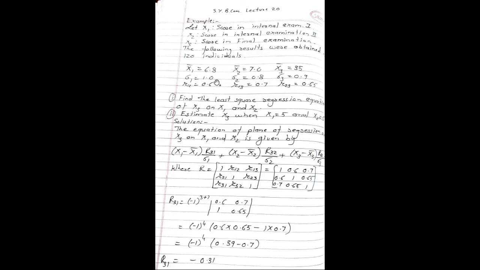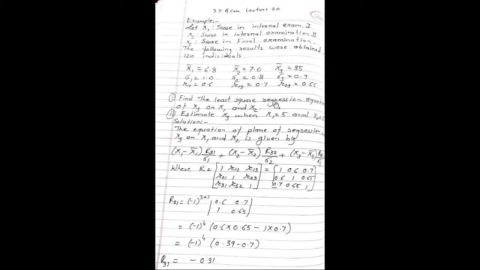Sigma 1 is equal to 1.0, sigma 2 is equal to 0.8, sigma 3 is equal to 0.9, small r12 is equal to 0.6, small r13 is equal to 0.7, small r23 is equal to 0.65.